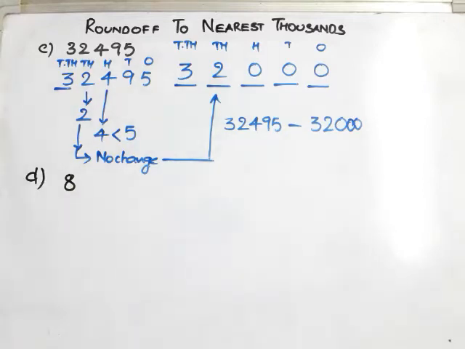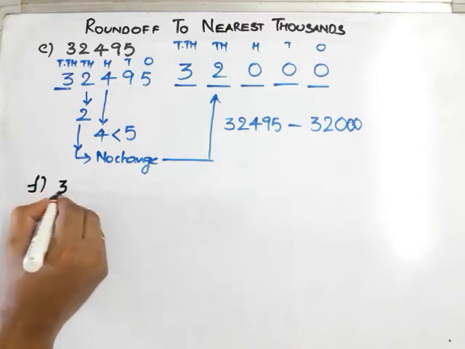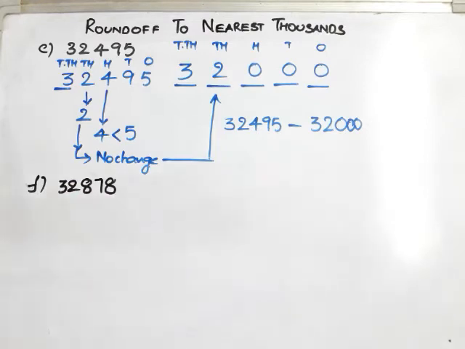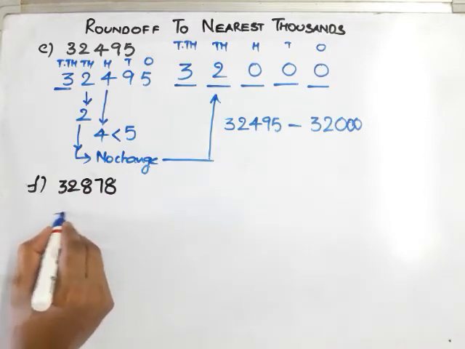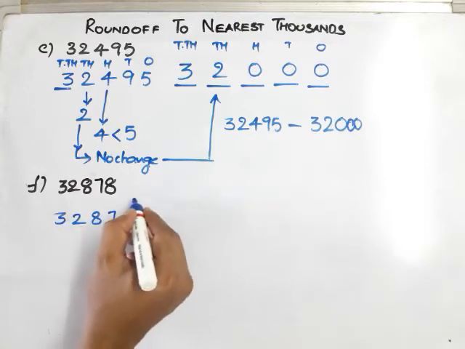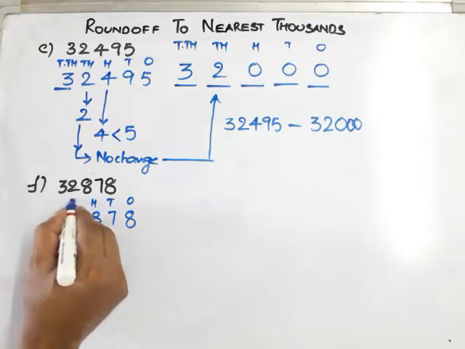Now we have to do F1. 32,878. I am taking 32,878. The place values are ones, tens, hundreds, thousands.